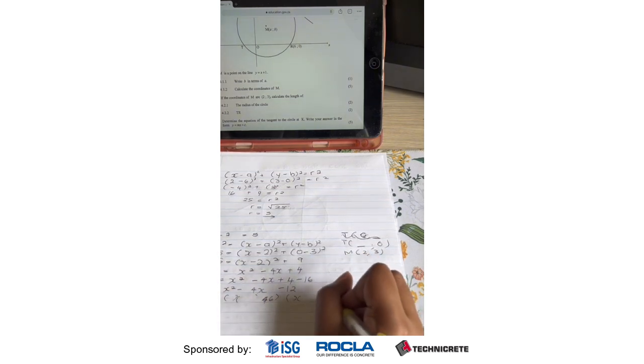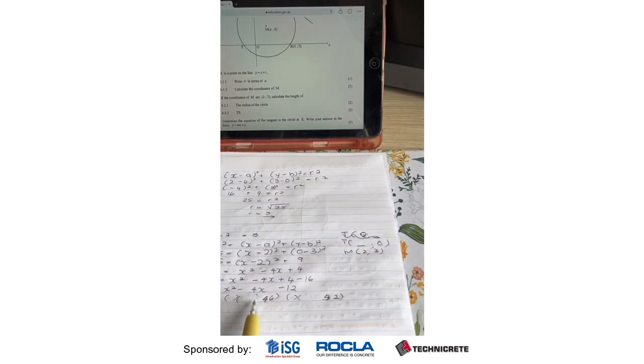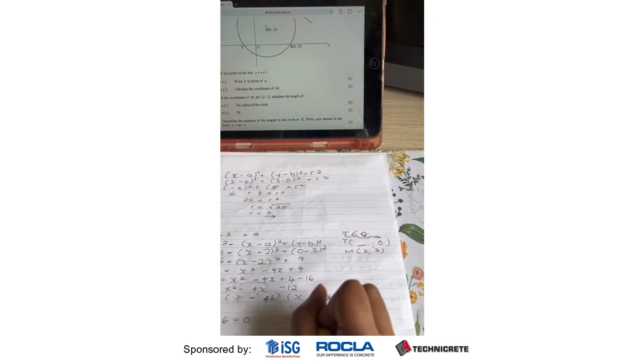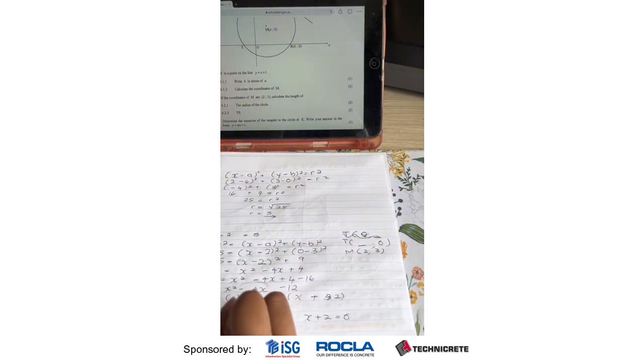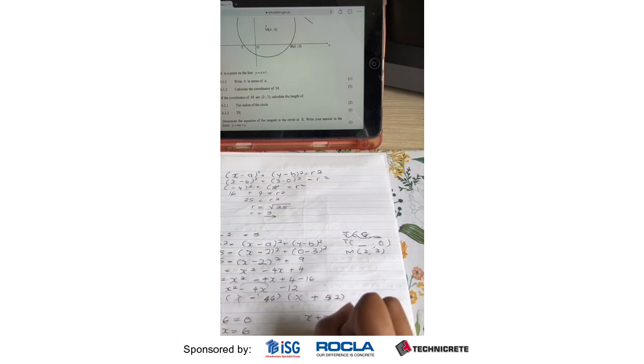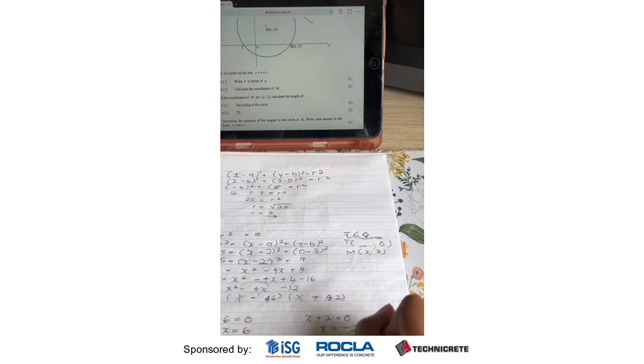I can do 6 and 2. My 6 is going to be negative because we want a negative value in the middle, and my 2 is going to be positive. Therefore, x minus 6 is equal to 0, x plus 2 is equal to 0. x would be equal to 6, x would be equal to negative 2. So I did this in a very long method just so we can determine where we get our values from. But therefore, T's x value has to be negative 2 because it's sitting on the negative part of the axis.